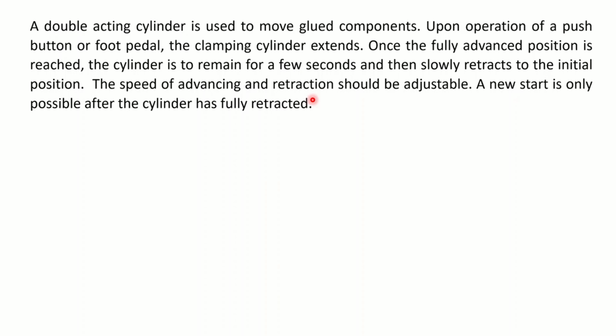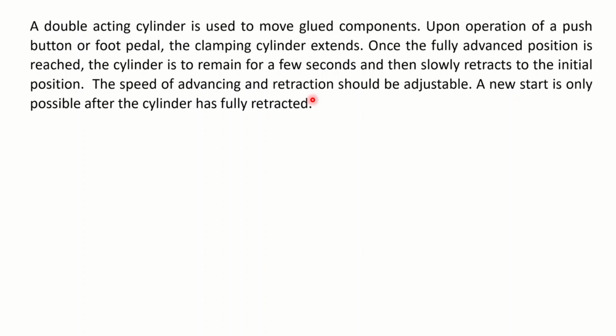And the very last point is looking at the starting position of the cycle. It says a new start is only possible after the cylinder has fully retracted, which means we should have a valve which can check for us that we are in the fully retracted position.